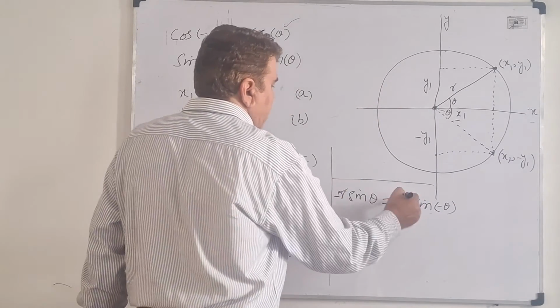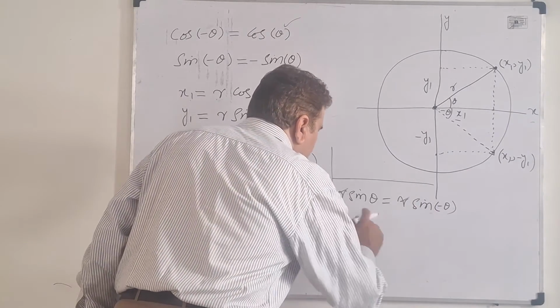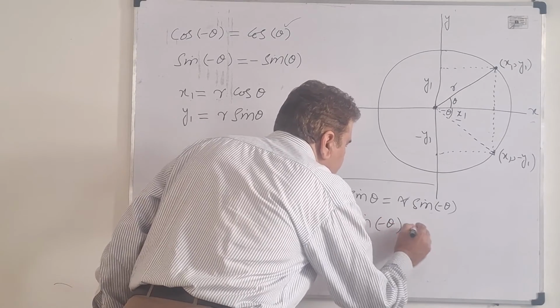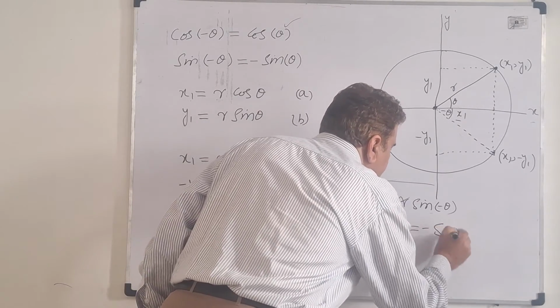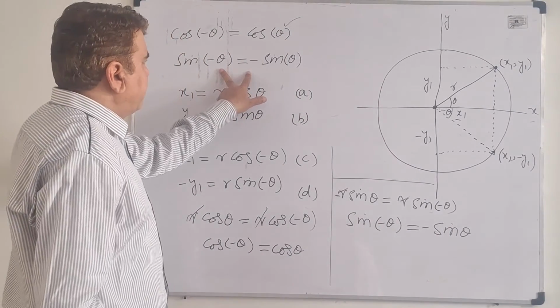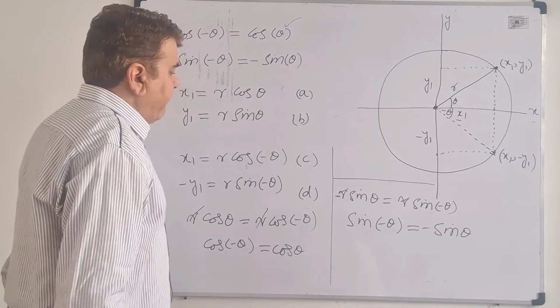Again, I can cancel r on both sides. This allows me to write, inverting the equation, sine(-theta) equals minus sine theta, which is exactly this one result. So the sine function is an odd function.